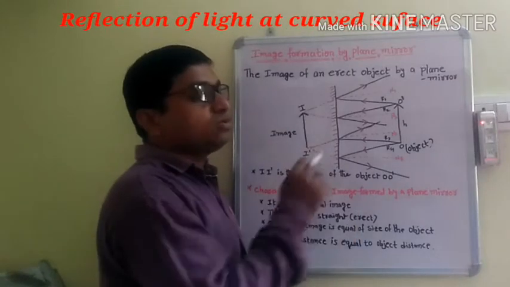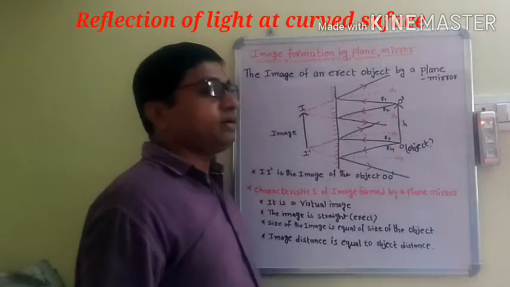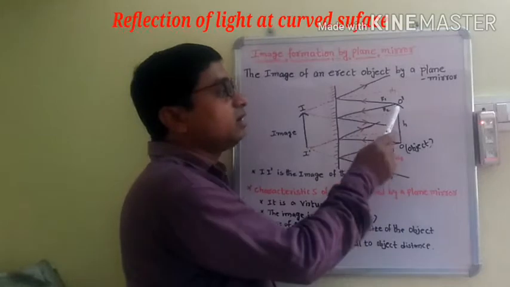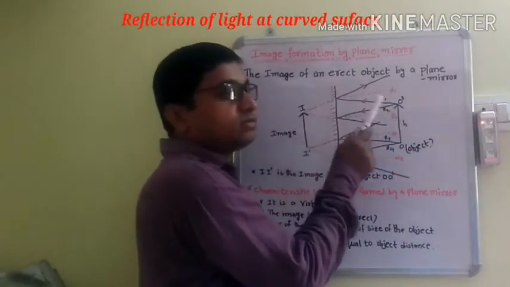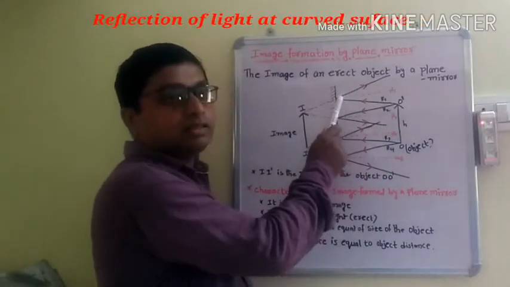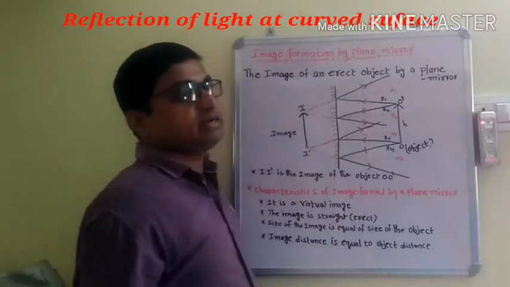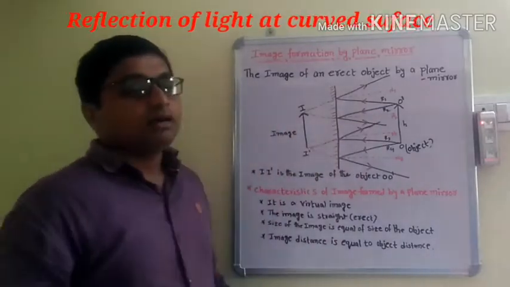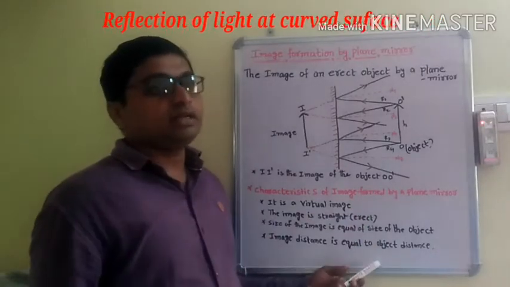To explain through the ray diagram, the rays are coming from the edge of the object, point O dash. The R1 light ray comes from the edge of the object, falls on the plane surface and is reflected, and the R2 light ray falls on the plane mirror and is also reflected.